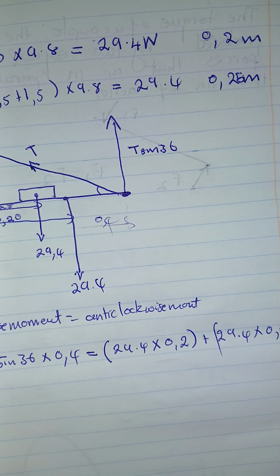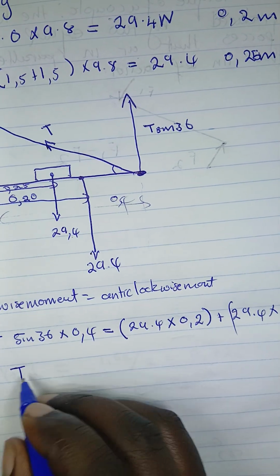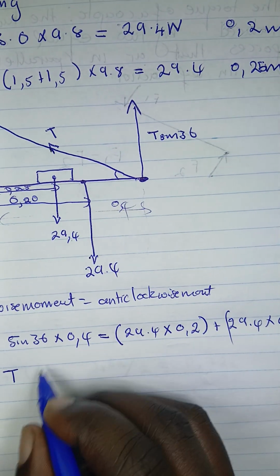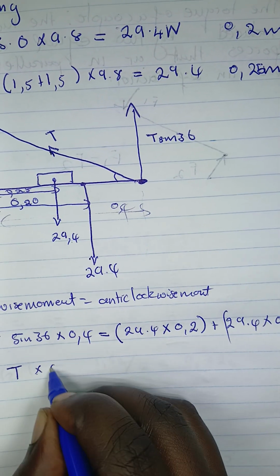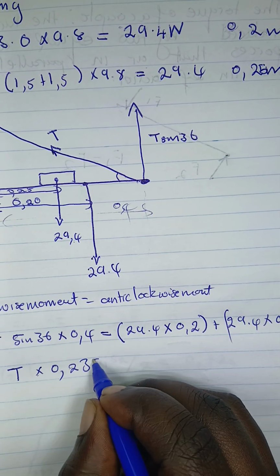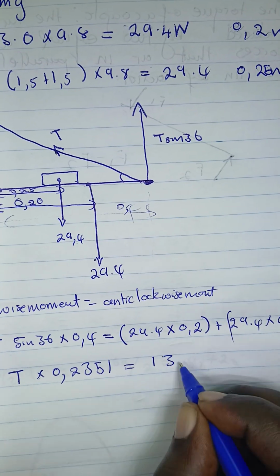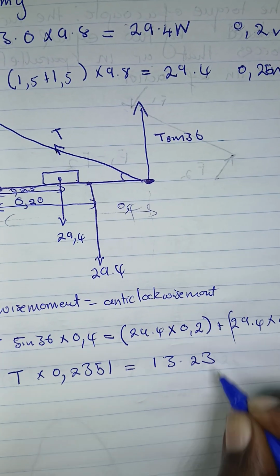You solve this and you get T multiplied by 0.2351 is equal to 13.23.